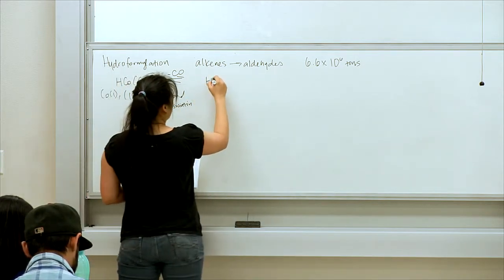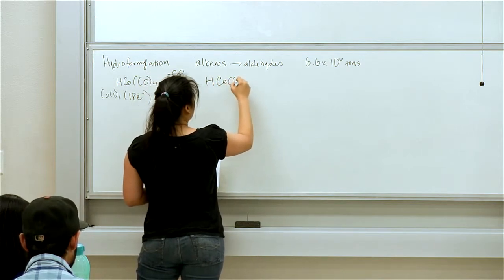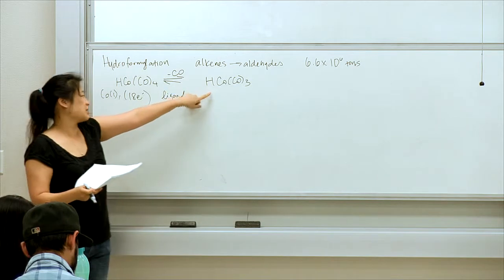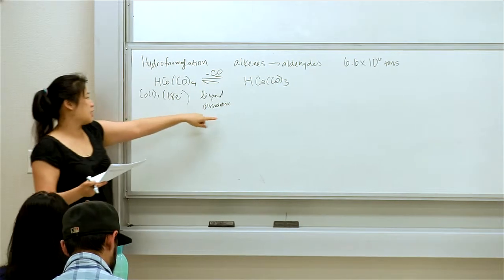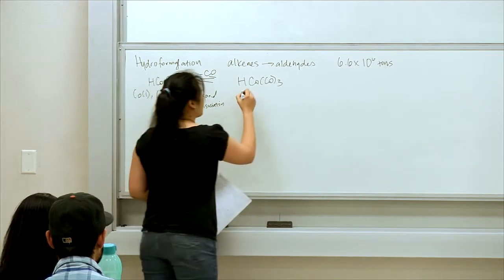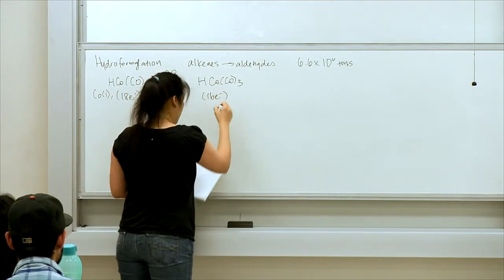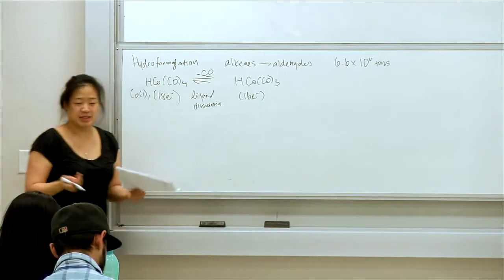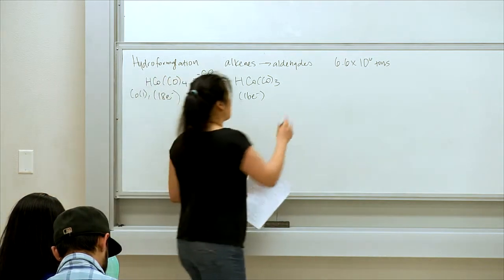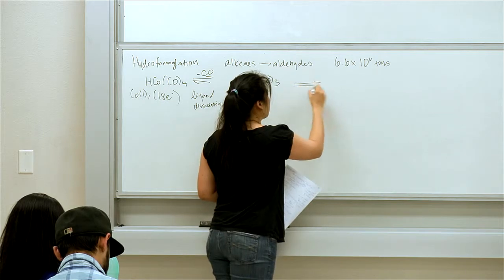Right, so you end up with HCo(CO)3. You're still cobalt +1, right? You haven't changed the oxidation state, but now how many electrons is this complex? 16. 16, right, a 16 electron compound. So it's a little bit more reactive in this case, which is what you would expect for a 16 versus 18 electron compound, once you lose that carbonyl.